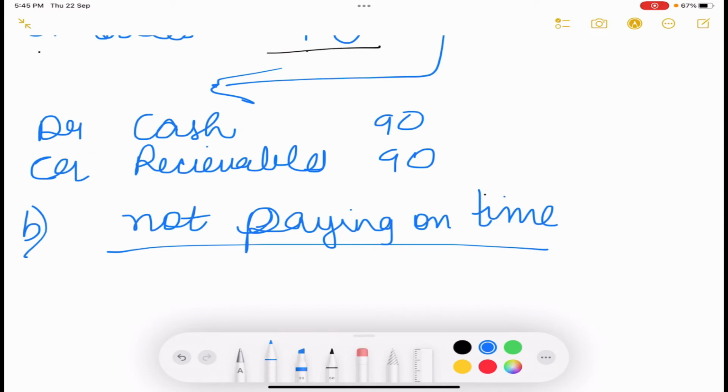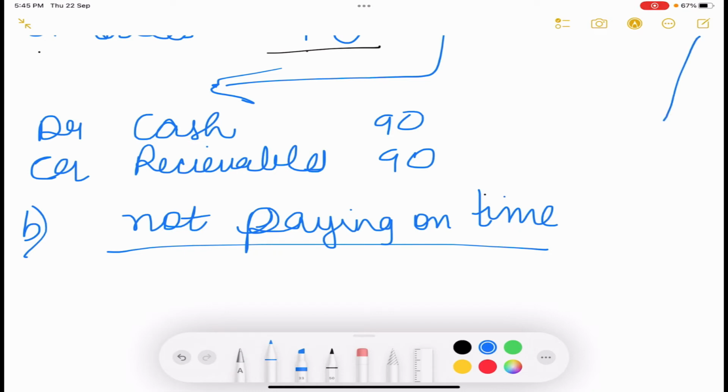We had expected them to avail the cash discount, but now since the time has passed, they have not availed it. So what does this mean? This means that they will now have to pay the entire amount, and no discount is being given to them. But in the starting, we had expected them to take the discount.